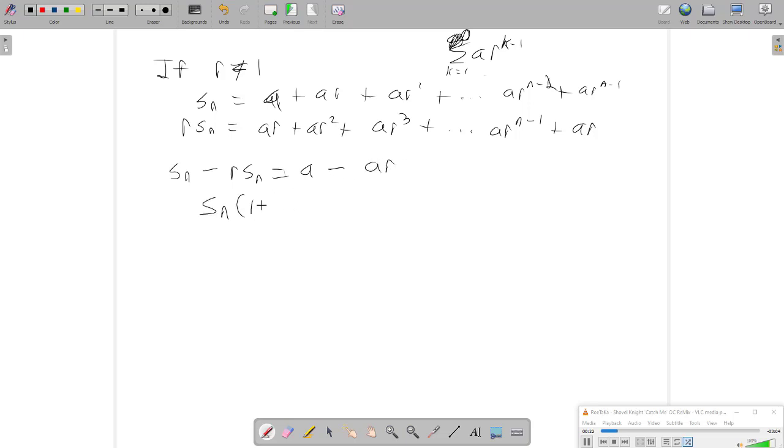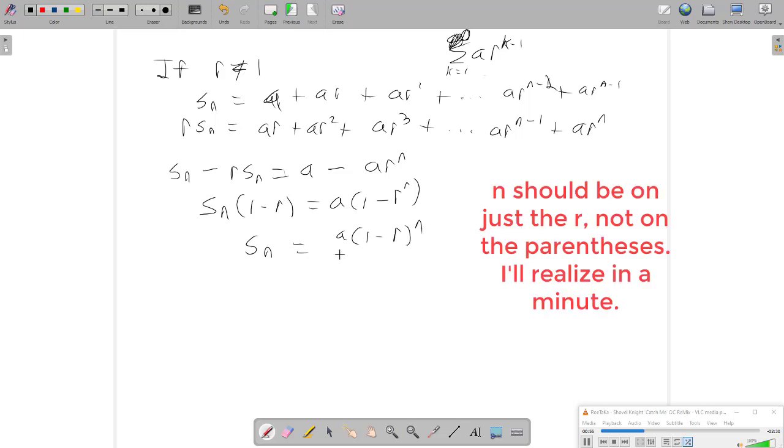S sub n times 1 minus r equals a times 1 minus r to the n. So S sub n equals a times 1 minus r to the n over 1 minus r.